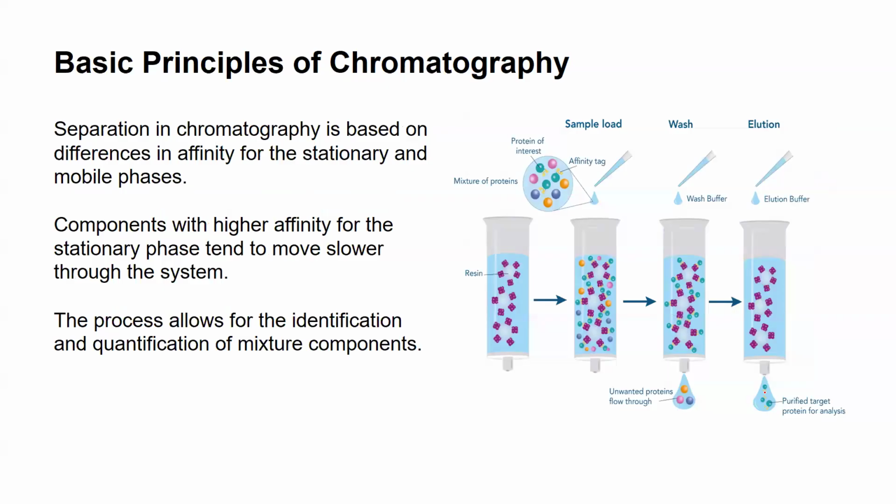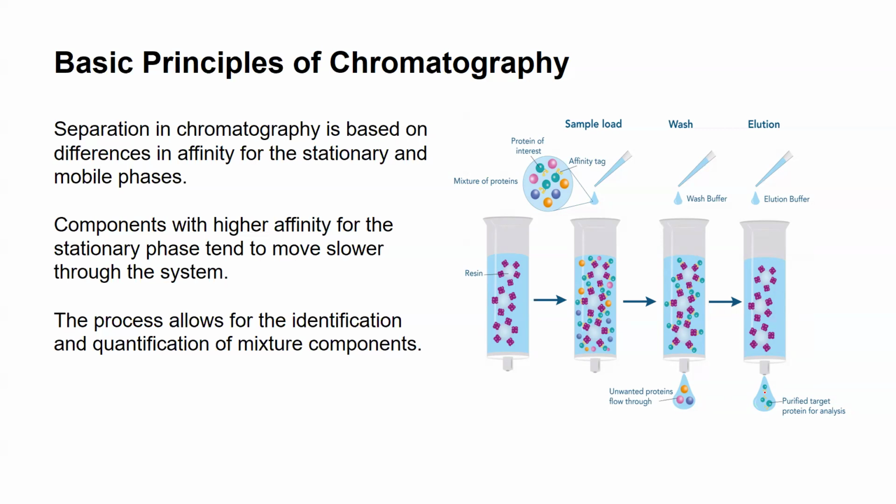So what are the basic principles of chromatography? Separation in chromatography is based on differences in affinity for the stationary and mobile phase. Components with high affinity for the stationary phase tend to move slower through the system. For example, in affinity chromatography, you need a tag or a ligand.